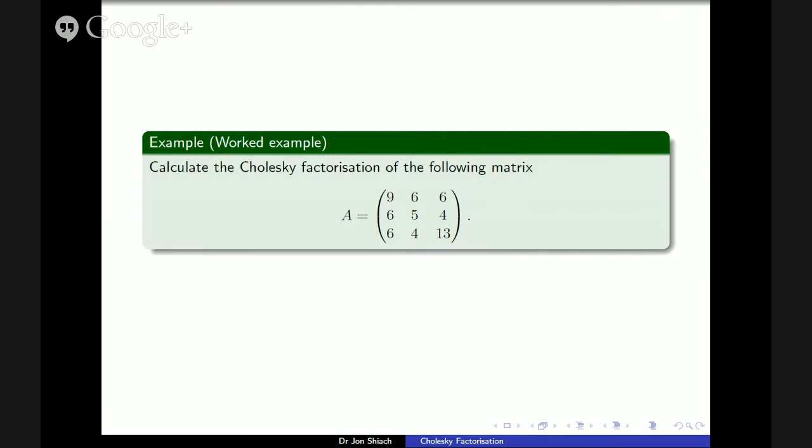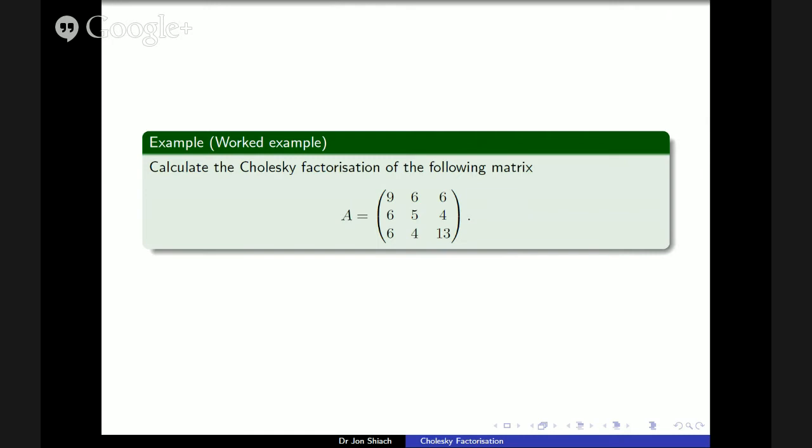Next, we go down the column to 4. So 4 is, sorry, third row, second column. So I've got L31 times L21, and L32 times L22. Right, so L31 is 2, L21 was 1.